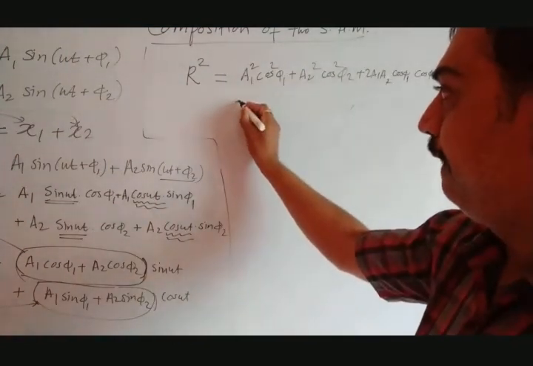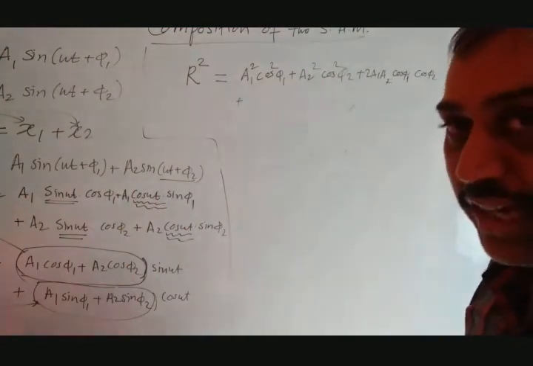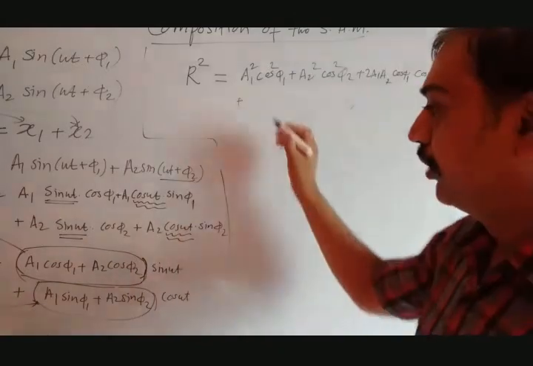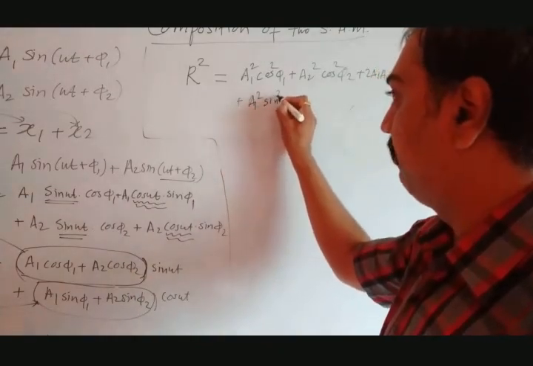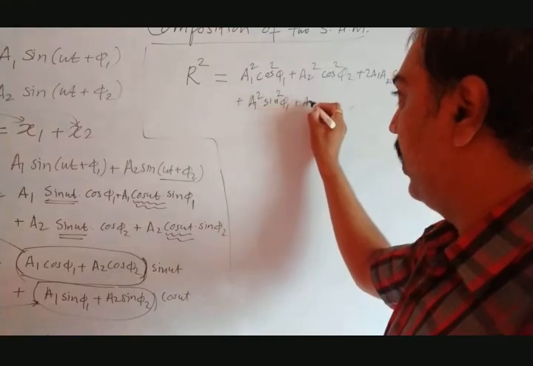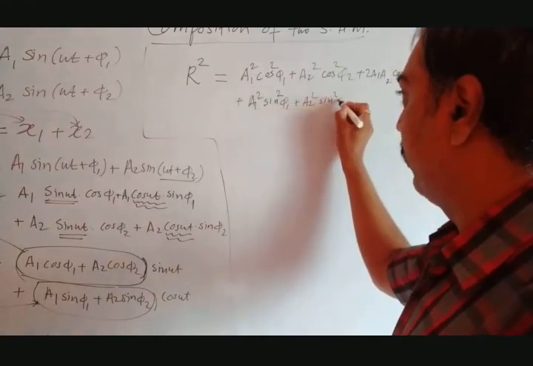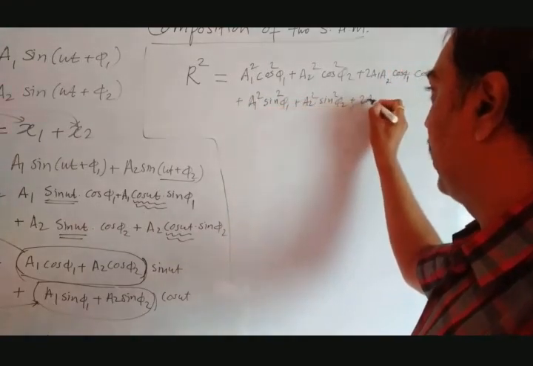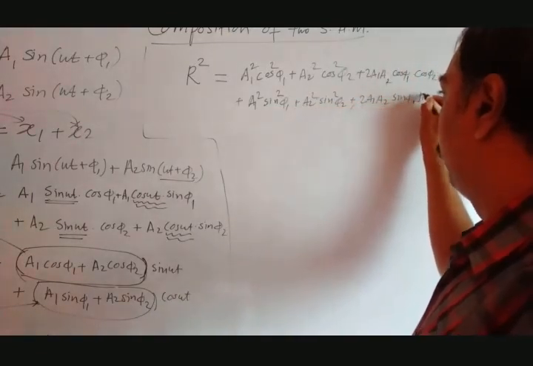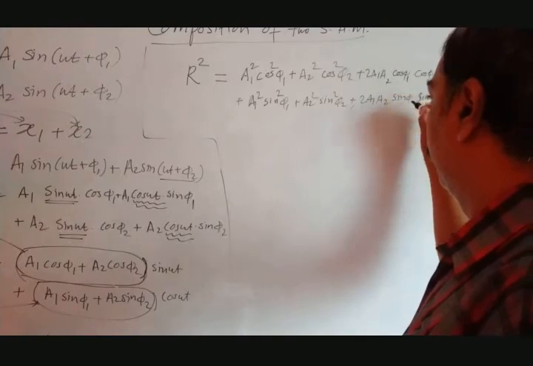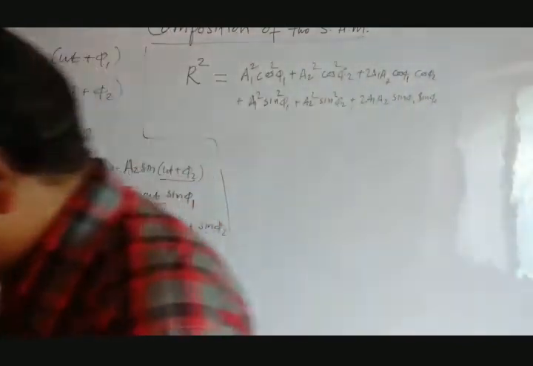Plus the square of the other equation. Just square equation 2. You can write a1 square sin square phi 1 plus a2 square sin square phi 2 plus twice a1 a2 sin of phi 1 into sin of phi 2. So we get this equation.